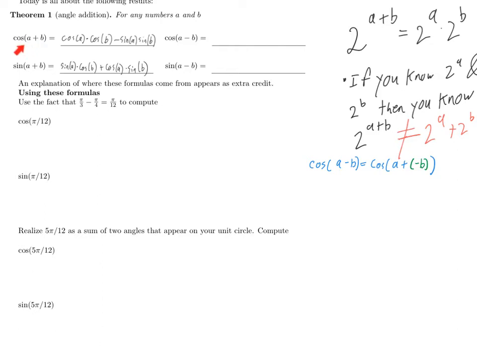This formula says that whenever you see the cosine of a number plus a number, the result is the cosine of the first number times the cosine of the second number minus the sine of the first number times the sine of the second number. So let's write that down. That will be the cosine of a times the cosine of negative b minus the sine of a times the sine of negative b.